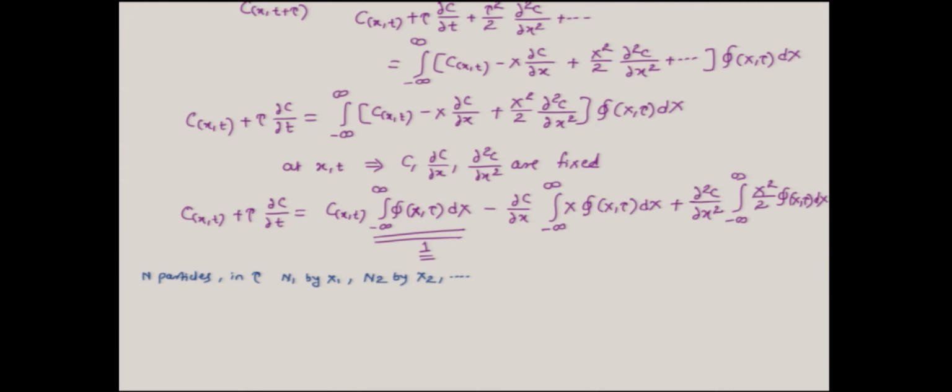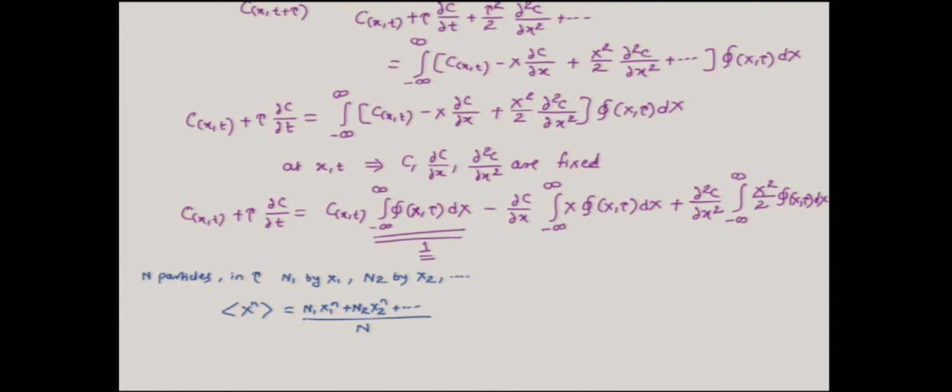Right. So, if we write the average of nth power of x, that should be equal to n1 times x1 to the power n plus n2 times x2 to the power n, and so on. This is divided by total number of particles n, right.